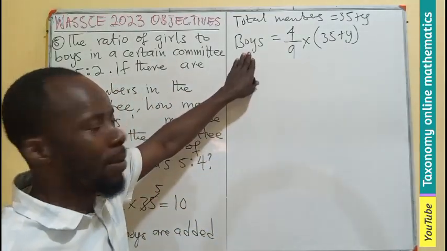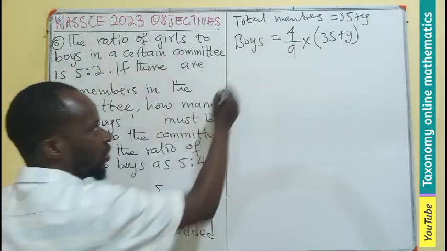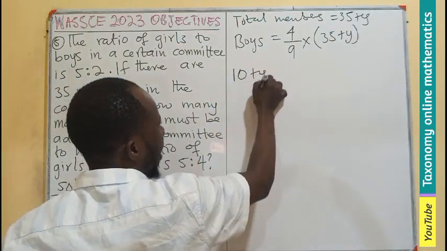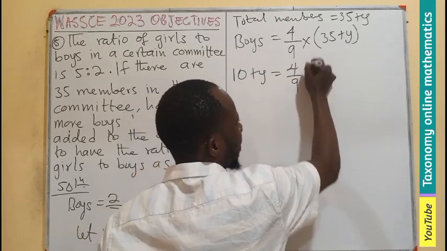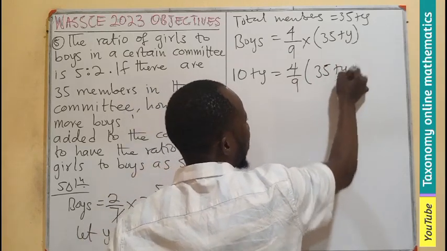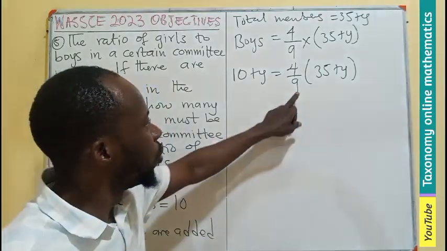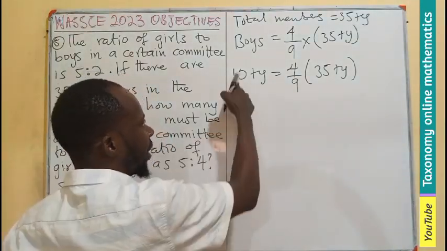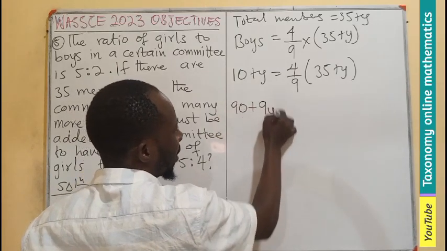What are we looking for? The number of boys, which moves from 10 to become 10 plus y. So here I'll have 10 plus y equals 4 divided by 9 times 35 plus y. I think this is a simple linear equation involving a fraction. Using the 9 to multiply through: 9 times 10 is 90, 9 times y is 9y.